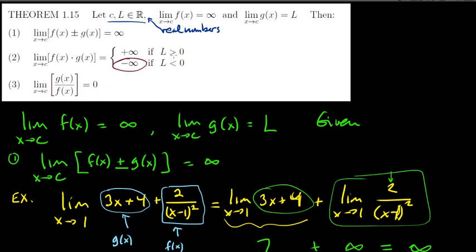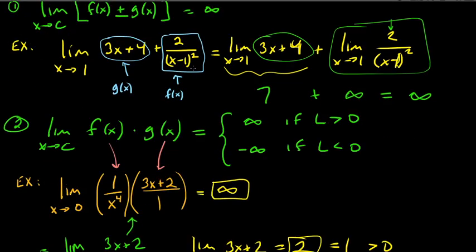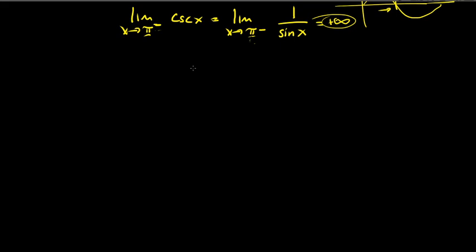And anything divided by infinity, 7 divided by infinity effectively is just 0. It approaches 0. So that's the idea for all three of these. Again, you do have to be careful because in some examples it's not always clear.